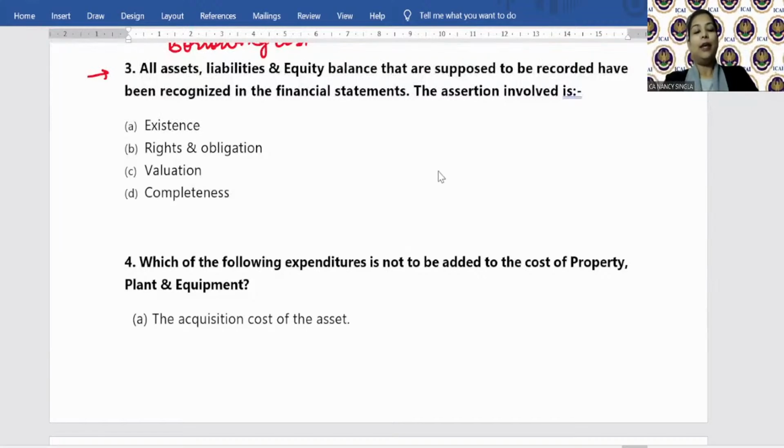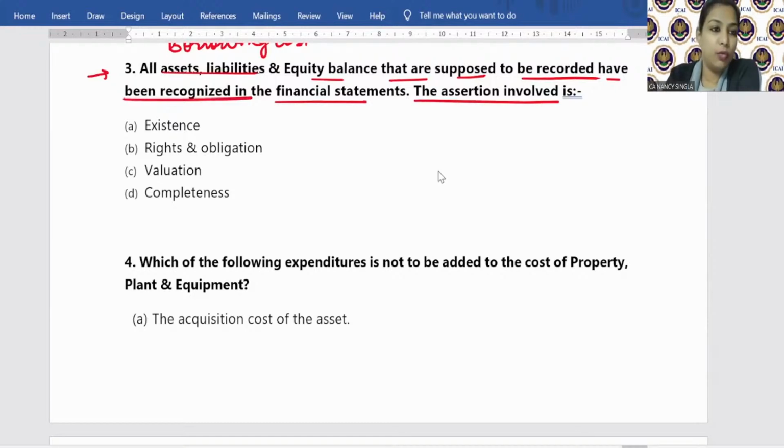All assets, liabilities, equity balances that are supposed to be recorded have been recognized in the financial statement. This assertion involved is it existence, is it right obligation, is it valuation, is it completeness? Quickly tell me what is the keyword here. ठीक है, write your answer. Third, what is the answer?